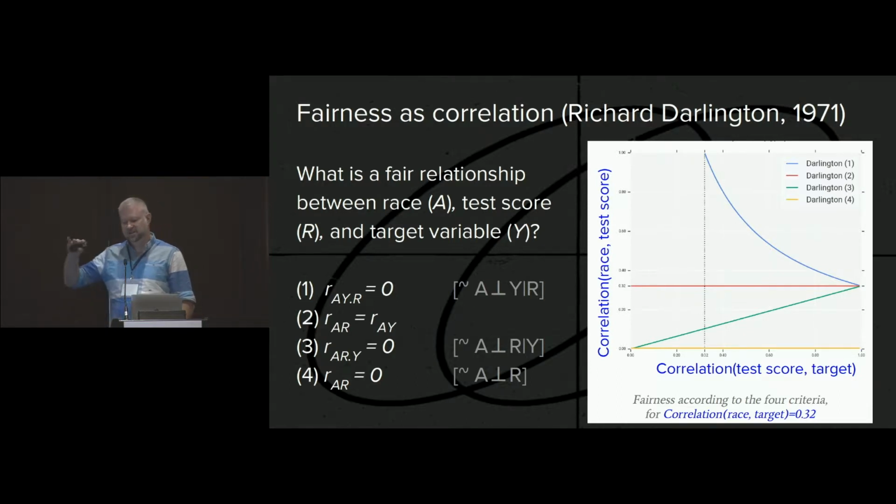That is, various independence relationships between the variables of race, test score, and the target variable. He also has this rather, I think, clever method of graphing the fairness criterion, and he uses this graph to demonstrate that the criteria are only compatible under very special conditions, such as the test being a perfect predictor of the target variable.